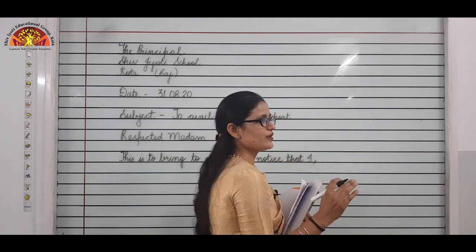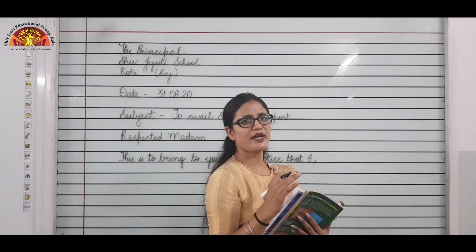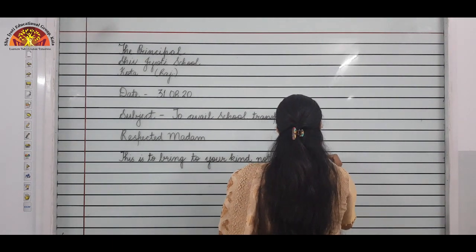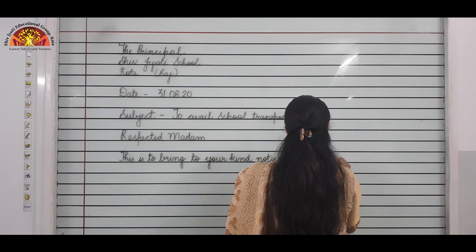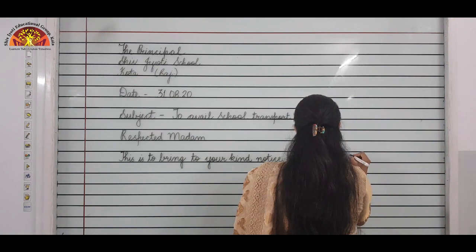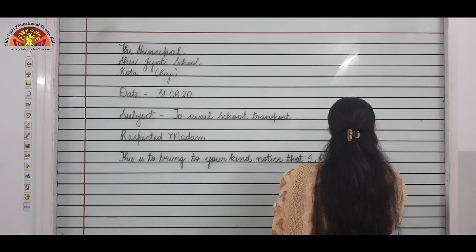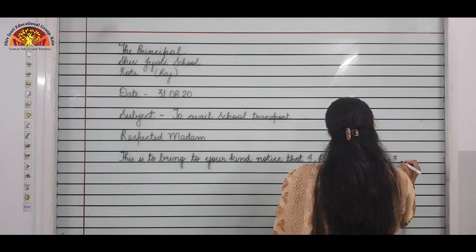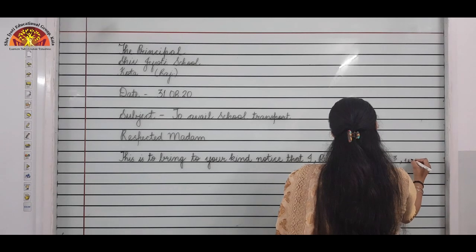Whatever is your name, you can mention your name, but here I am writing, for example, Riya Rai, of class 3. Then you will mention why you are writing this application.